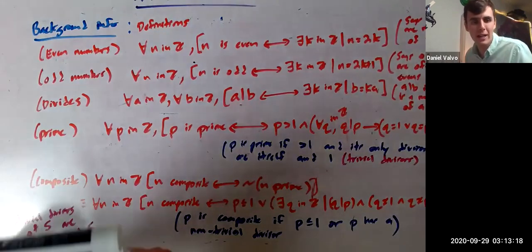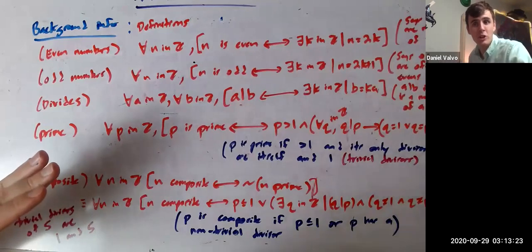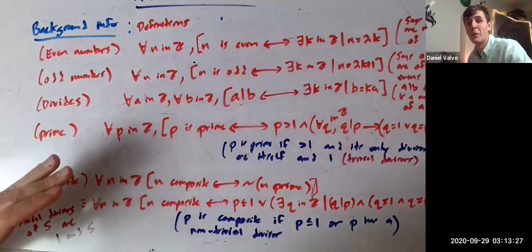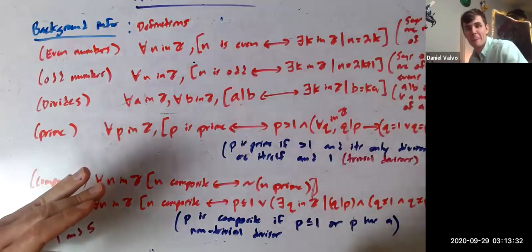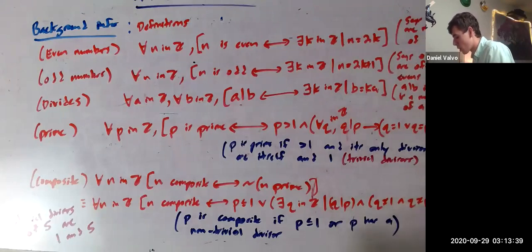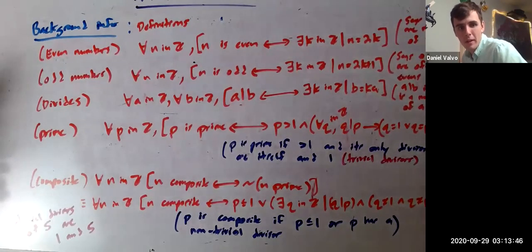The trivial divisors of anything are just itself and 1. The trivial divisors of 100 are 1 and 100. Trivial divisors of 314 are 1 and 314. Makes sense? They're really obvious ones. And so p is composite if p is less than or equal to 1, or p has a non-obvious divisor. All right. Any questions?